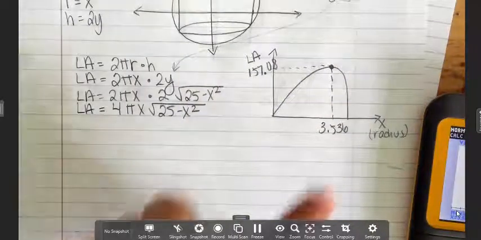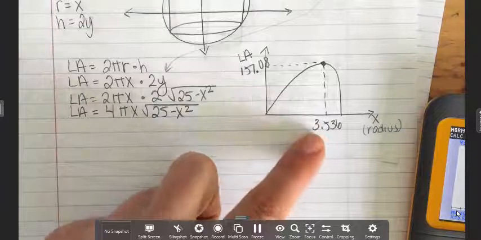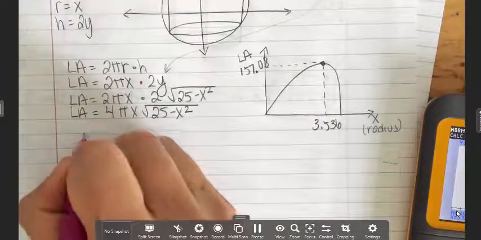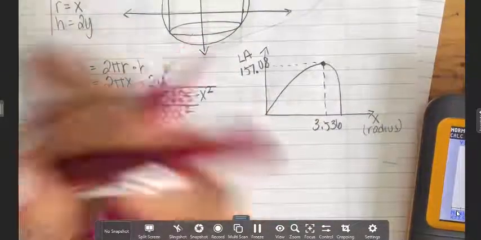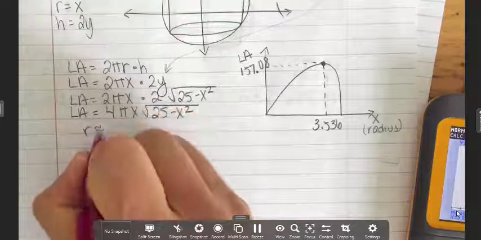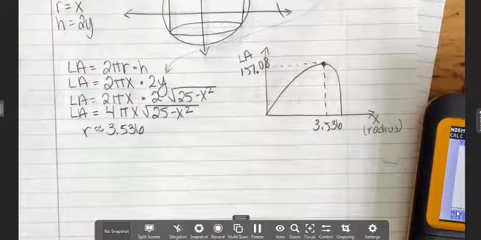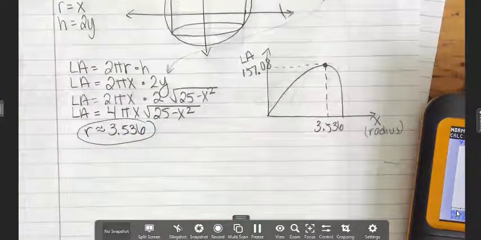All right, so I get a maximum lateral area when my radius is approximately 3.536. So I found the radius, which is my x value.